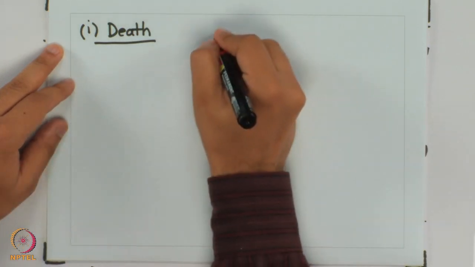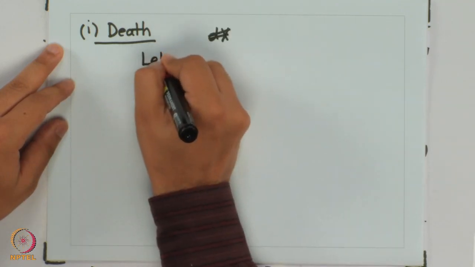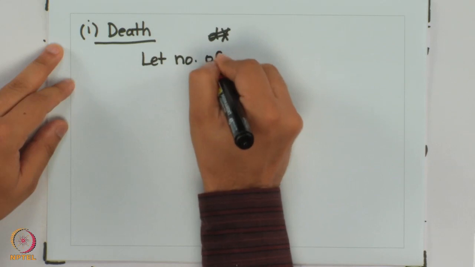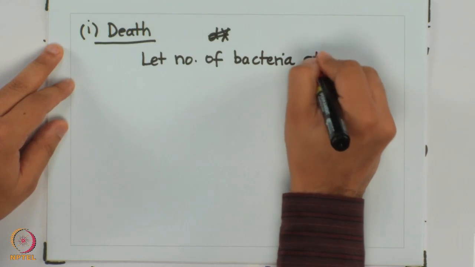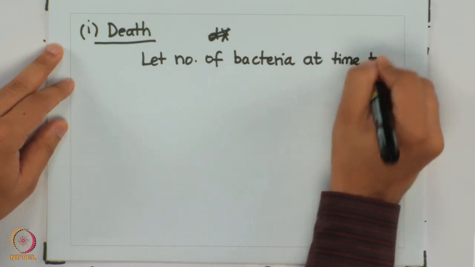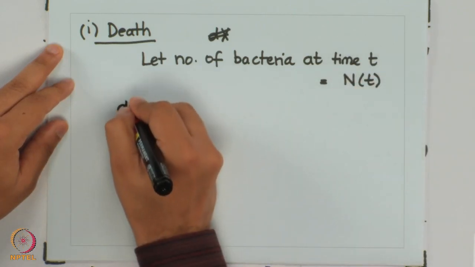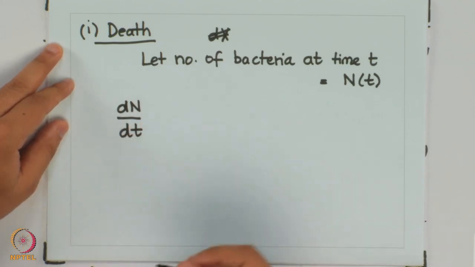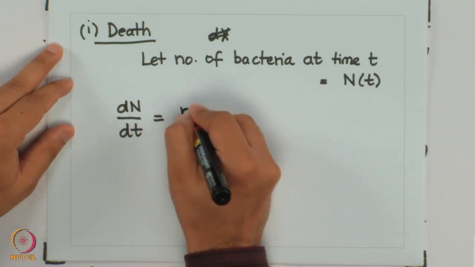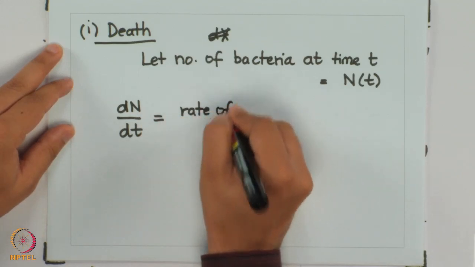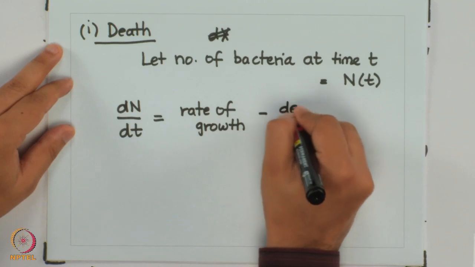and again we have dx by dt. Let me rewrite that. Let the number of bacteria at time t be equal to n(t). And now dn by dt, which we saw from the last lecture, is the rate at which the number of bacteria change with time, is equal to rate of growth minus death rate.